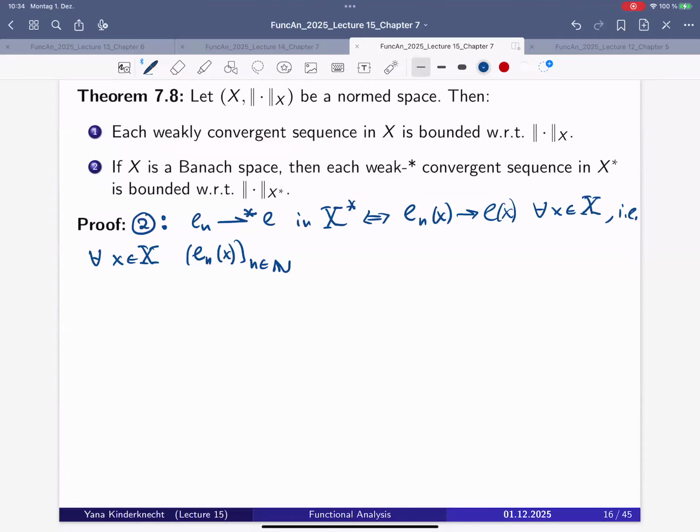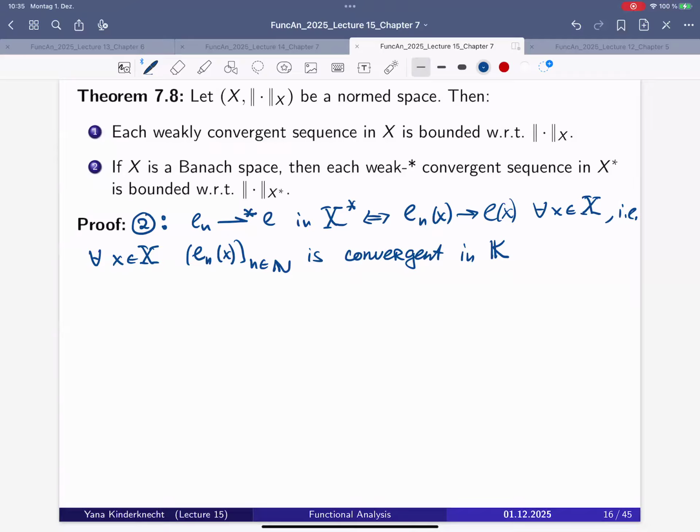L_n of x is a sequence of scalars. That is, this sequence is convergent in K, in our field of scalars, so in real numbers or in complex numbers.